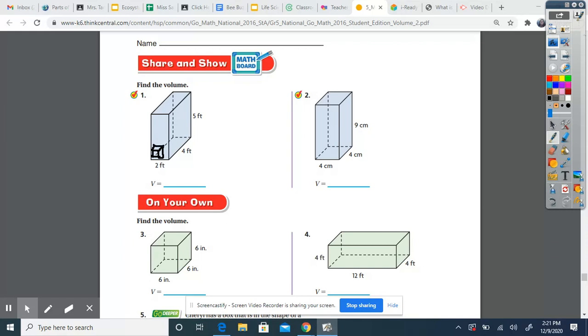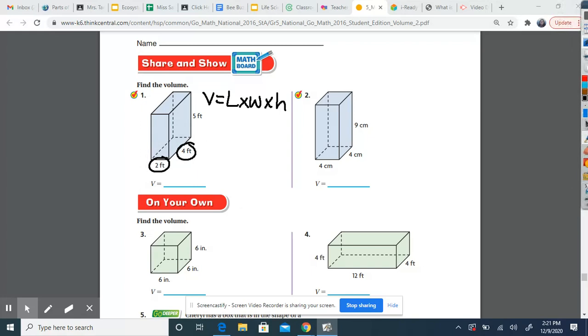So instead, we just have measurements, and that's all we really need to find volume. I'm going to write my equation: length times width times height. And like I said, it doesn't matter what order they're in.